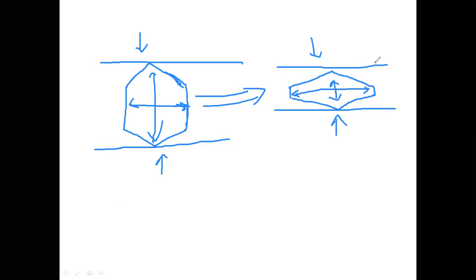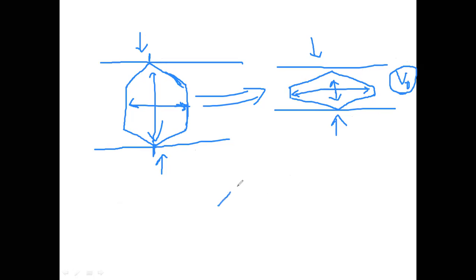Then I will get a potential output voltage here. But the output voltage which I will get is very less. Why? Because I am applying force on this vertex. Since I am applying force on the vertex, the deformation will be very less.